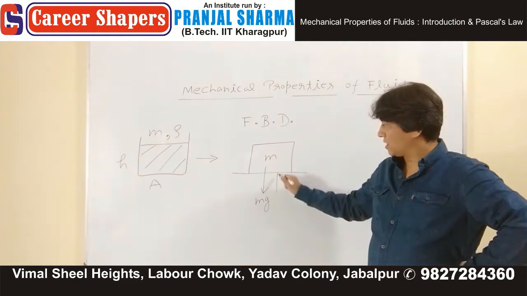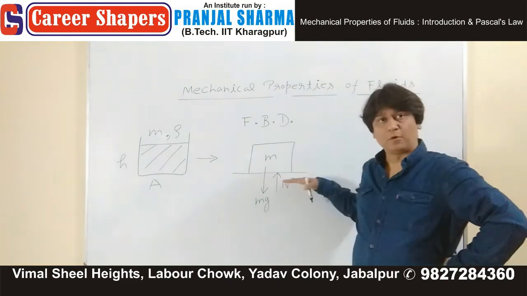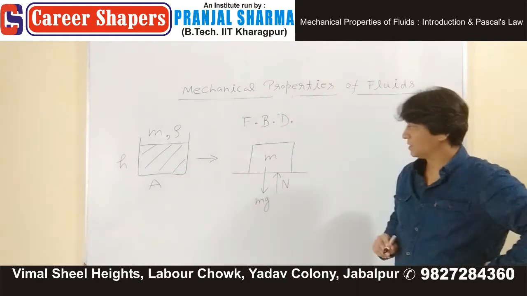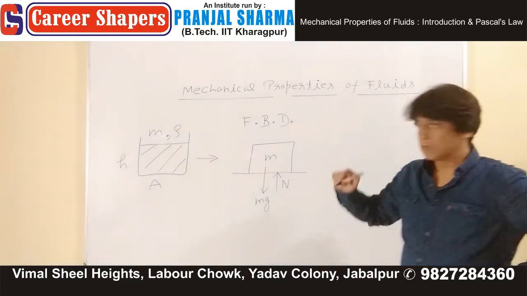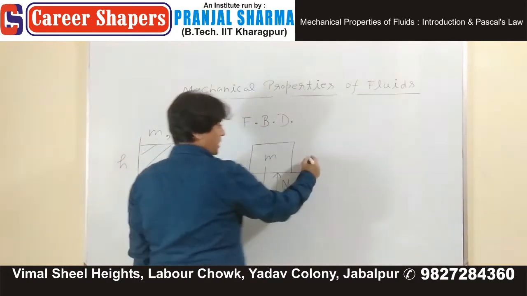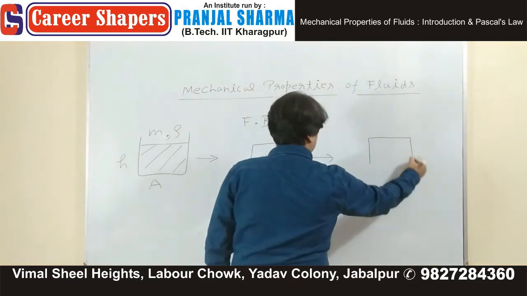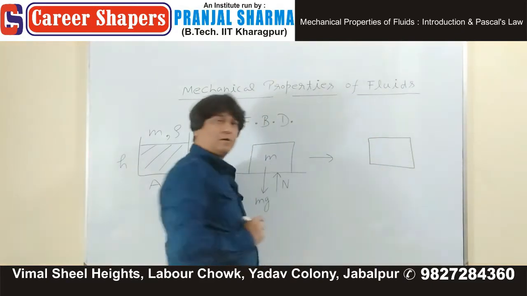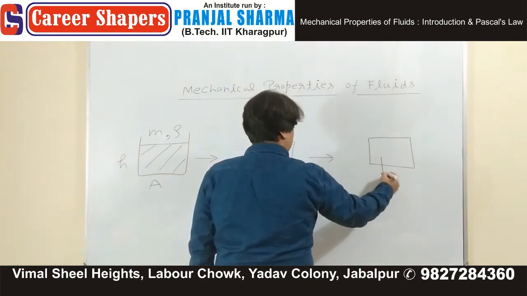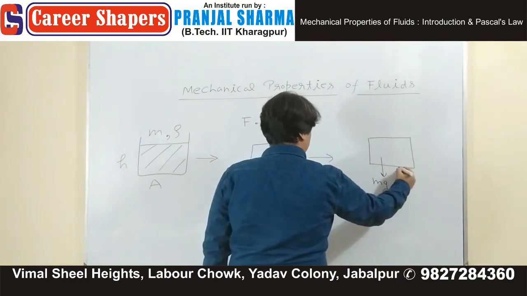A normal reaction is coming from the support, which is the bottom of the beaker. This is N. Let's draw a correct free body diagram. For the block, or this liquid column, downward force mg, normal reaction N.